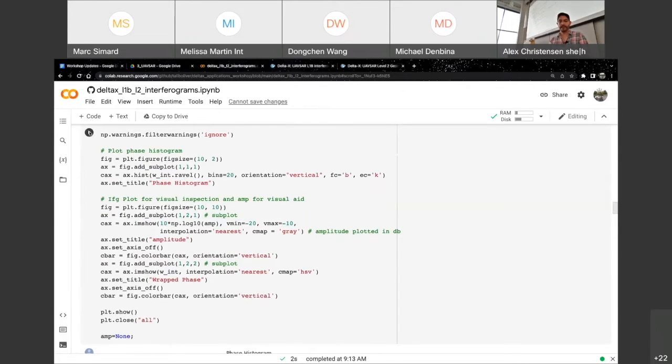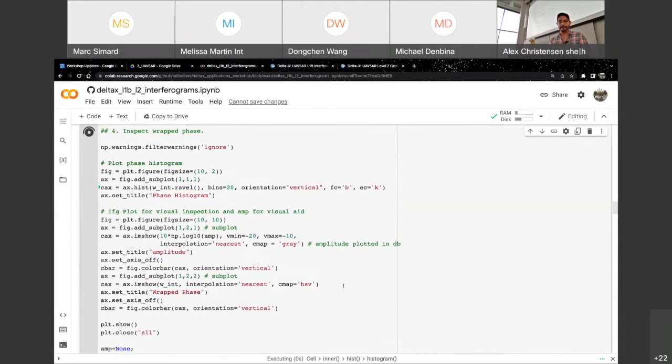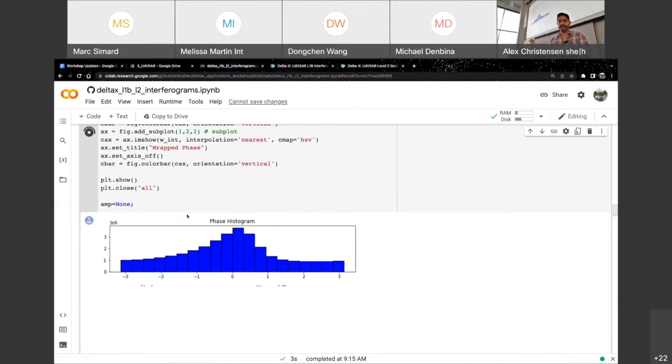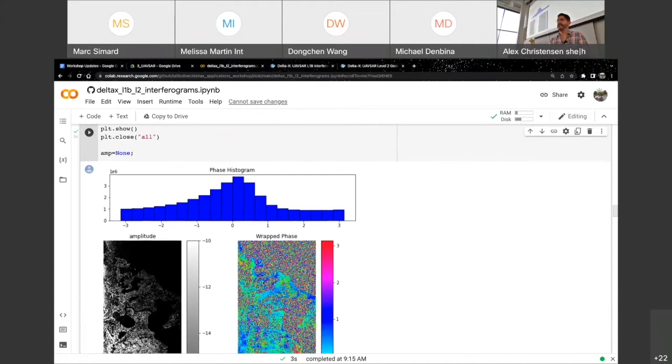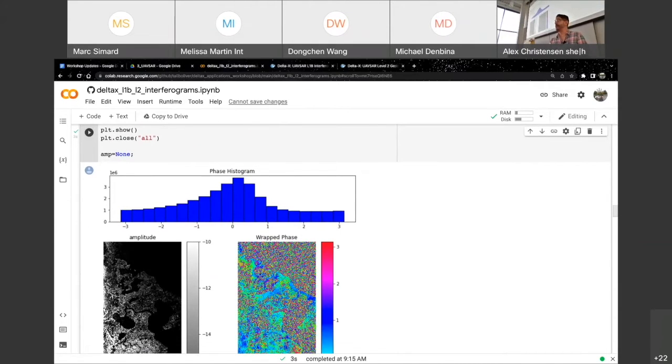So you're going to see both the amplitude and the phase. This histogram is the phase histogram. As I mentioned, because this is wrapped, the values go from, in this case, it could be 0 to pi or it could be minus pi to pi. It's the same, it's just where the center is. In this case, it's minus pi to pi.